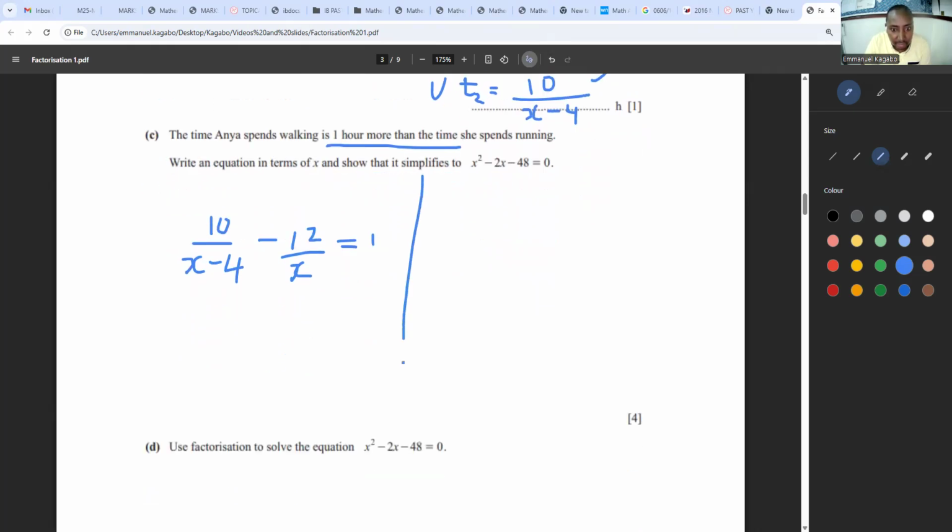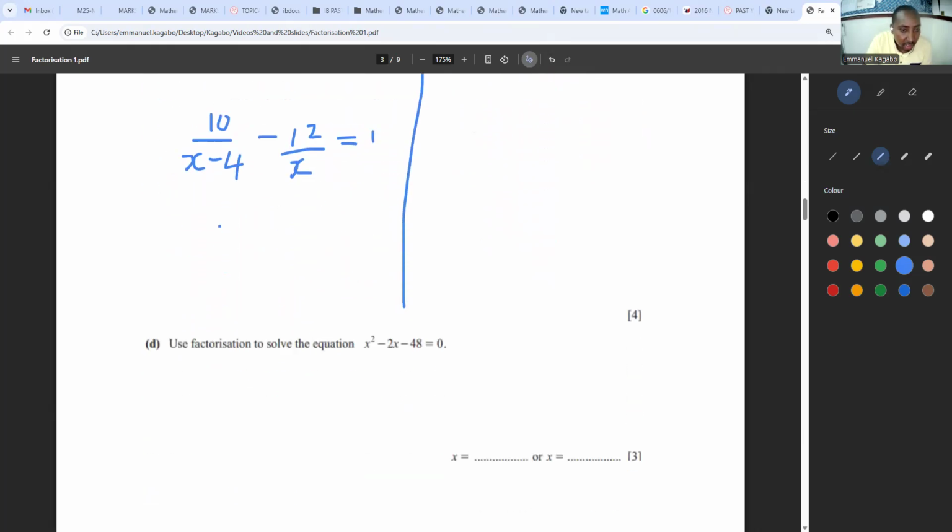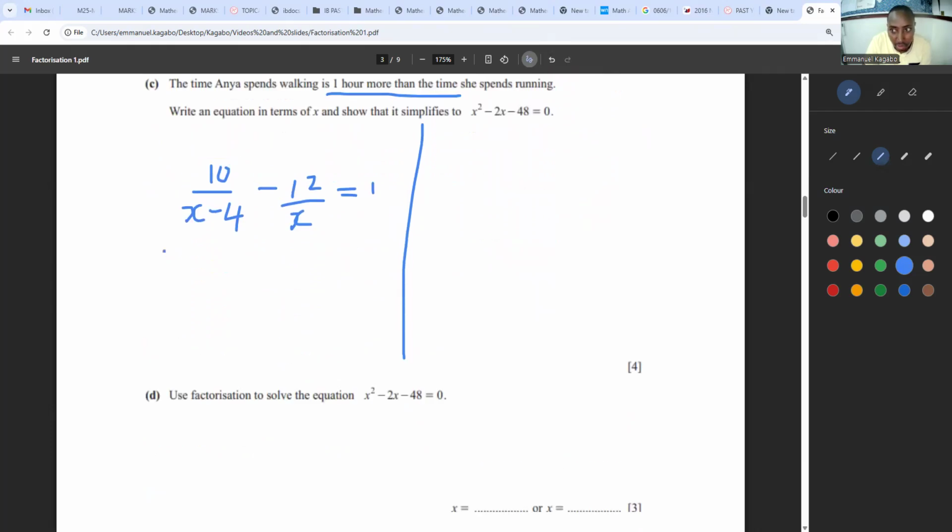Okay, I have to split the page so that you can see what I'm doing. So what happens? It's going to be 10x. I'm finding the LCM, guys. Then minus 12, put their brackets, guys, here. All the time it is very important.